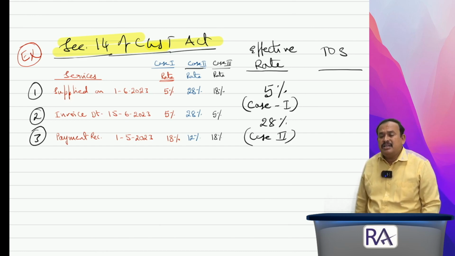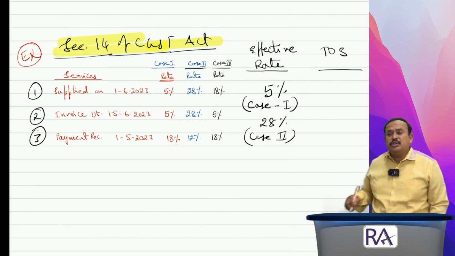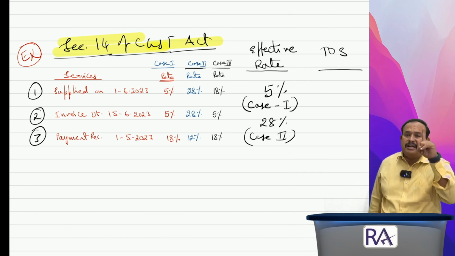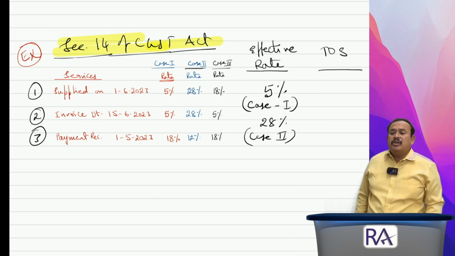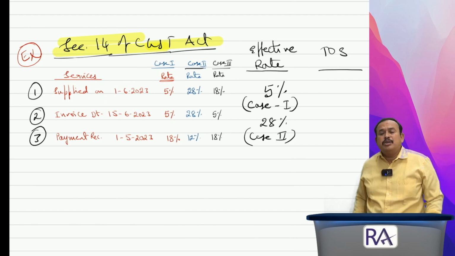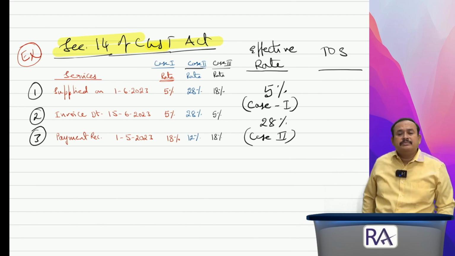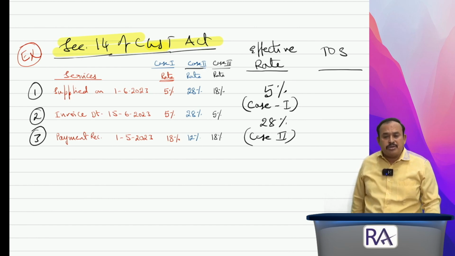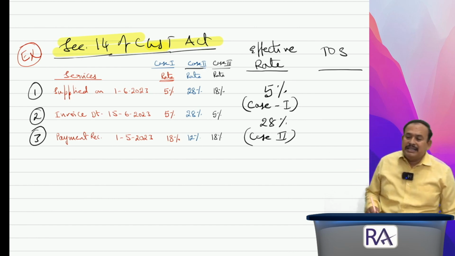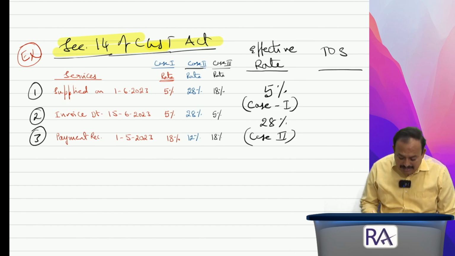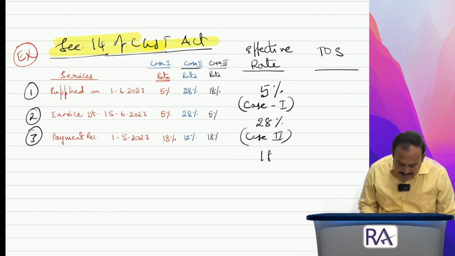That means 5% new rate got only one vote, named date of invoice. Date of completion of service and date of payment belongs to the old rate. So, old rate got 2 votes, new rate got only 1 vote, resulting that the old rate here wins. What is the rate? 18%.